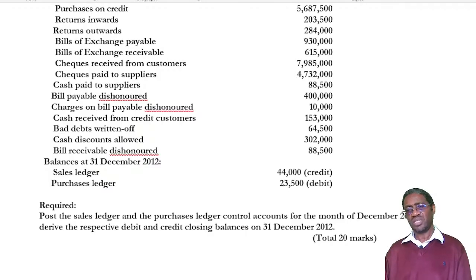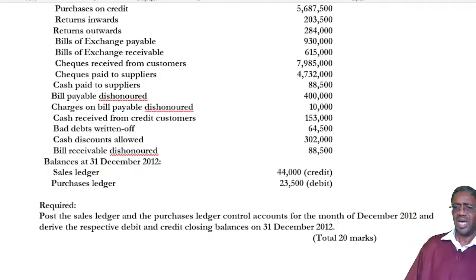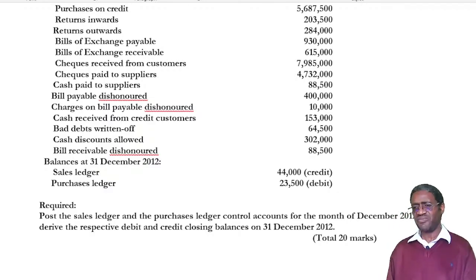Then you are required to post the sales ledger and the creditors ledger control accounts for the month of December and derive the respective debit and credit balances of the closing balances.